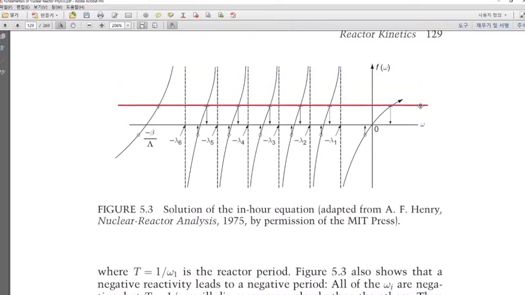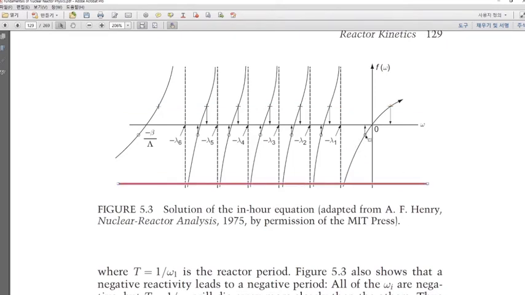However, when we decrease the reactivity to a very small negative value, there is some asymptotic limit: omega 1 gradually approaches minus lambda 1.